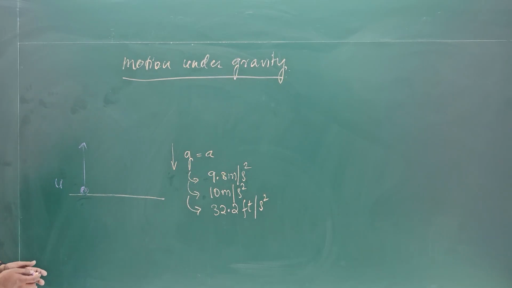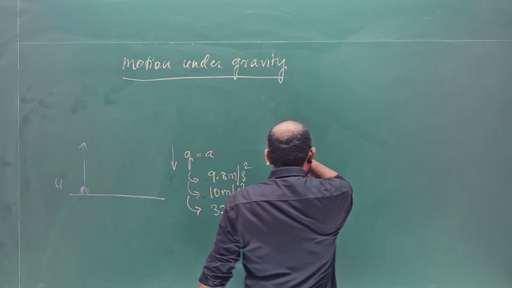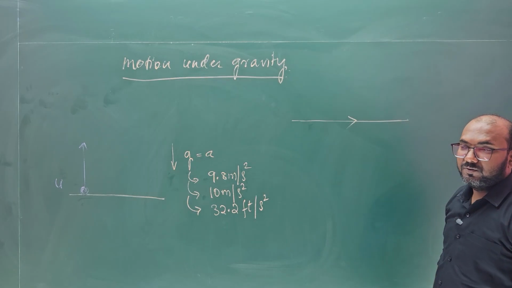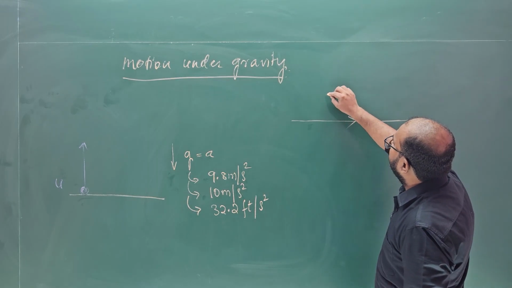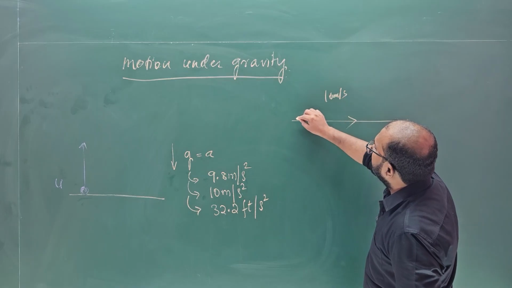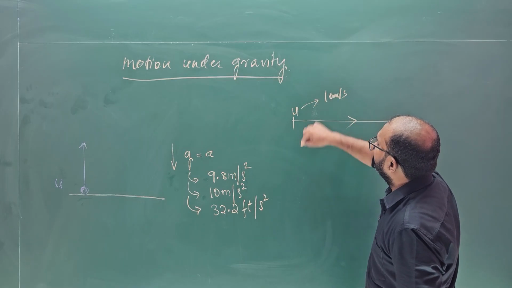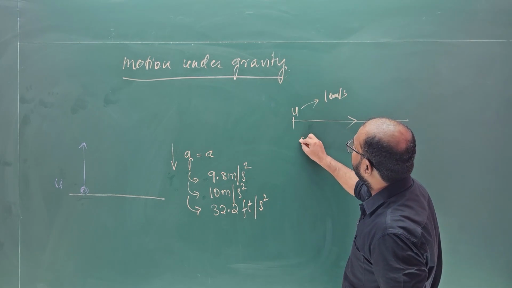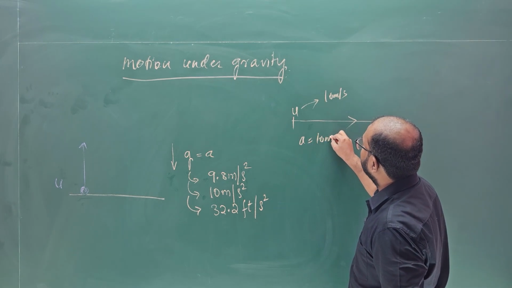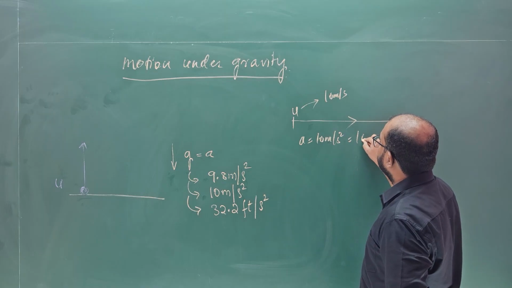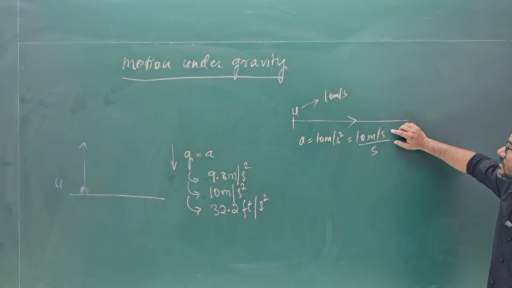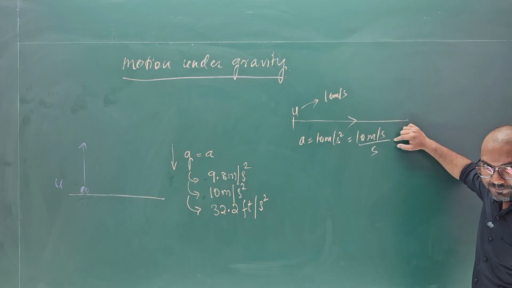Okay, now, g is acting in the downward direction. We already learned that if a body is moving in this direction, let's say at 10 meter per second, its initial velocity u, and I say this body has an acceleration equal to 10 meter per square second, that means the body is increasing its velocity by 10 meter per second in each second.